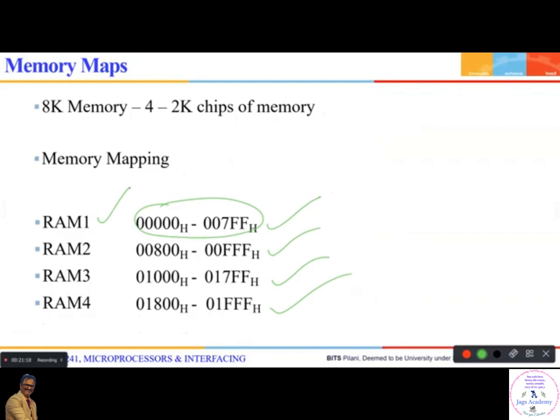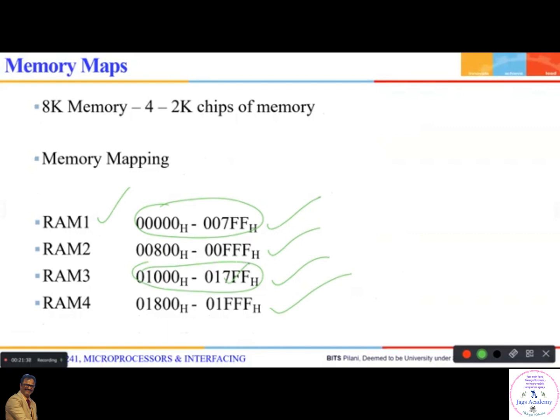Whenever the microprocessor generates any address in this range, the only memory chip to be selected is RAM 3. Other chips should not be selected. That is where we use the decoder, which I told you in yesterday's class.